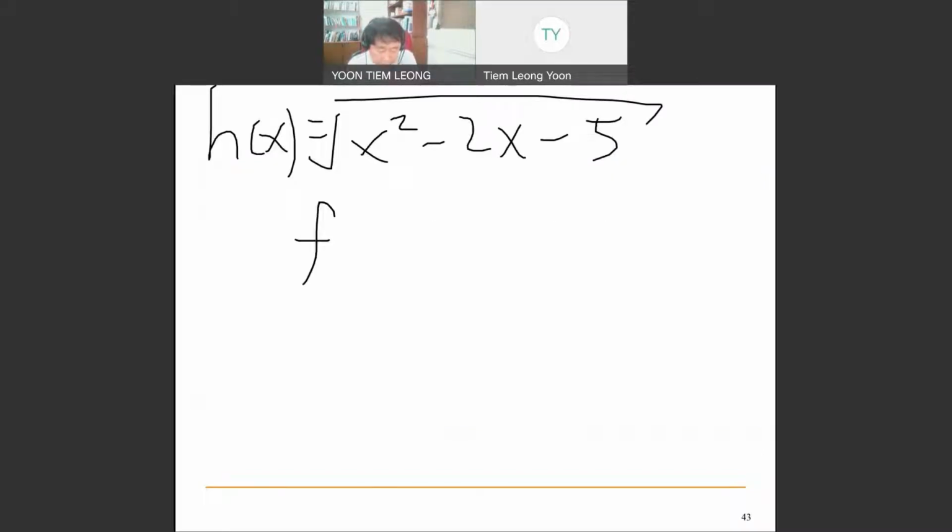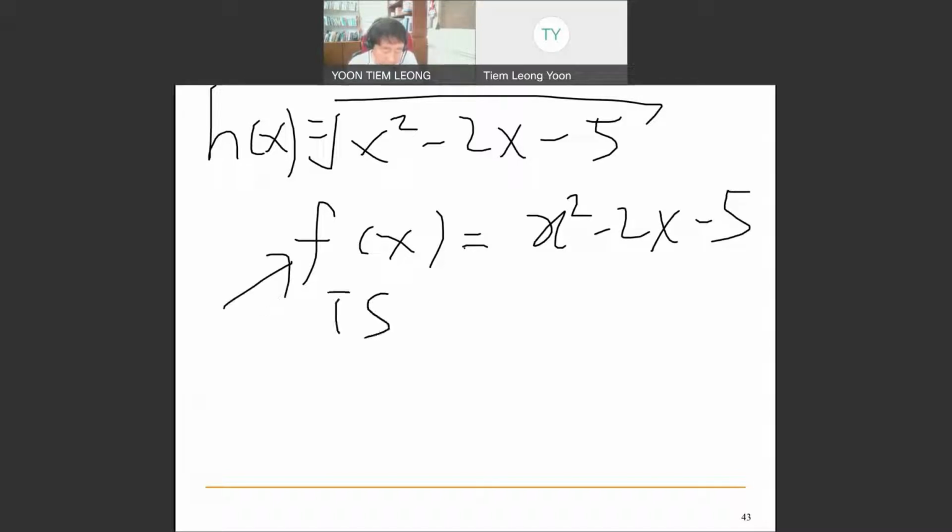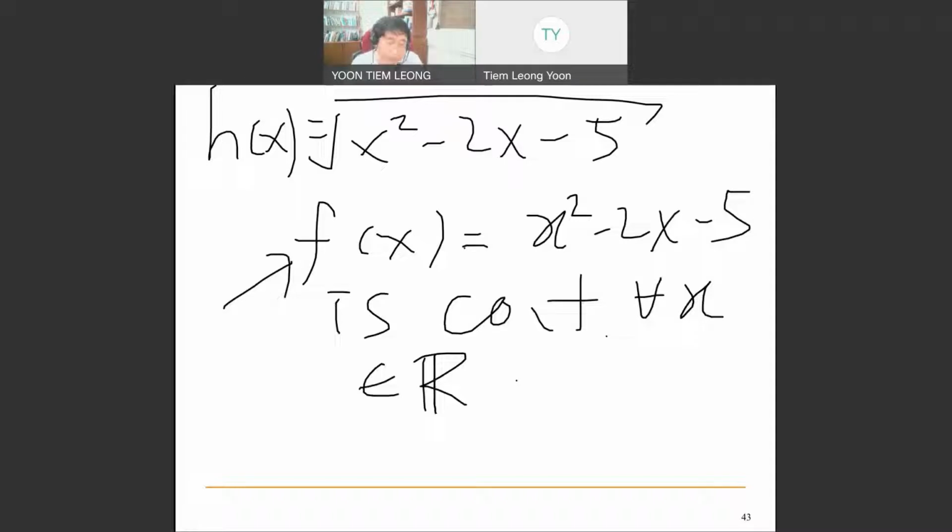You show that you have a function f equal to a polynomial, x squared minus 2x minus 5. And then you say that this function is continuous for all x within the real number set. So f(x) is continuous.